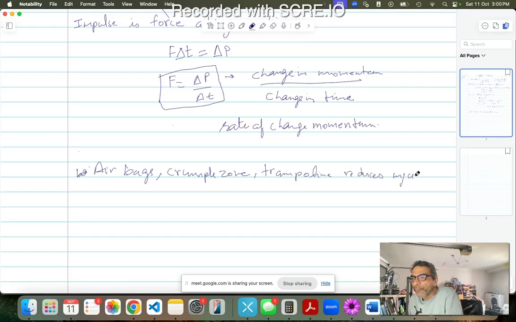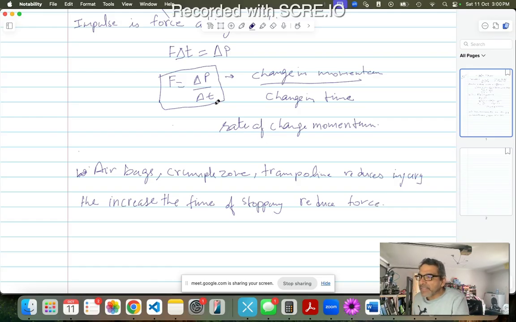Trampolines reduce injury, right? Why? Because they increase the time of stopping, which reduces the force.